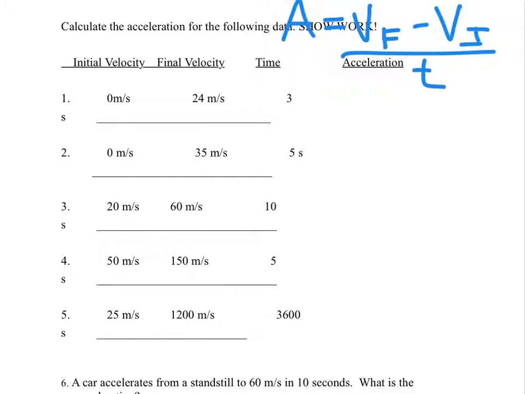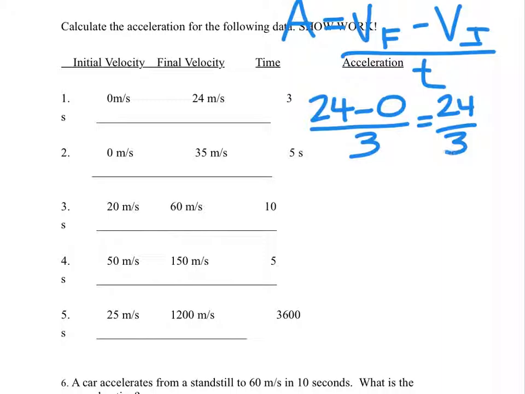So if we do the first one together, it's 24 minus 0 divided by 3. 24 divided by 3 is equal to 8 meters per second squared. Okay, so you're just going to do that for the rest. And sorry, the format here is a little messed up because of the video.